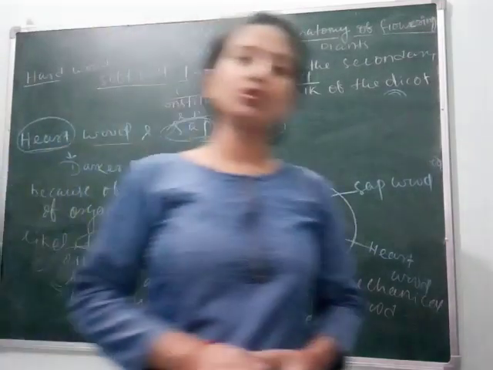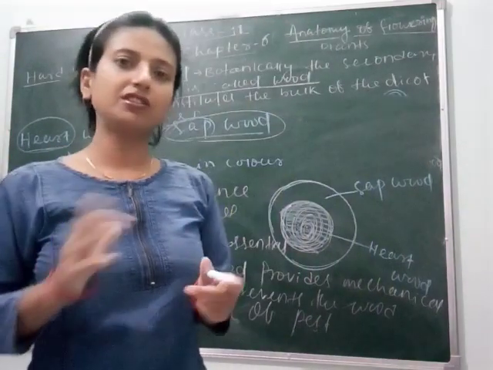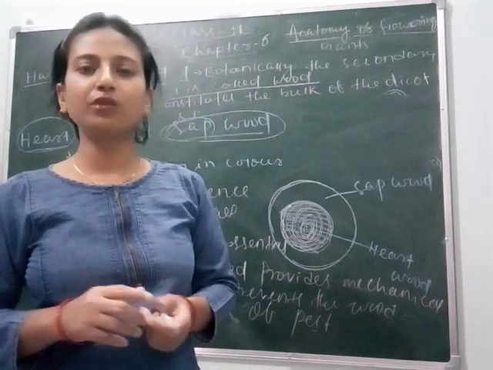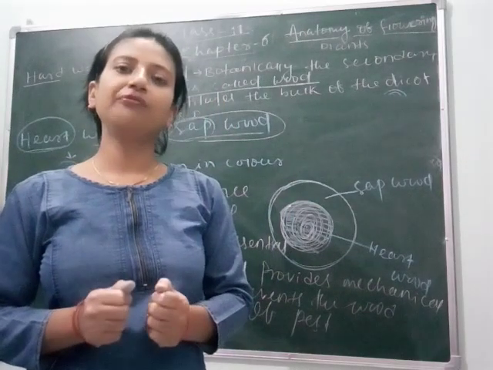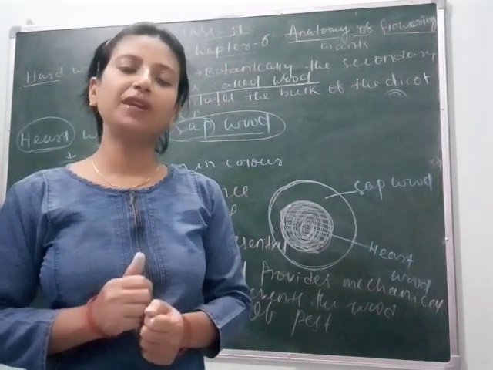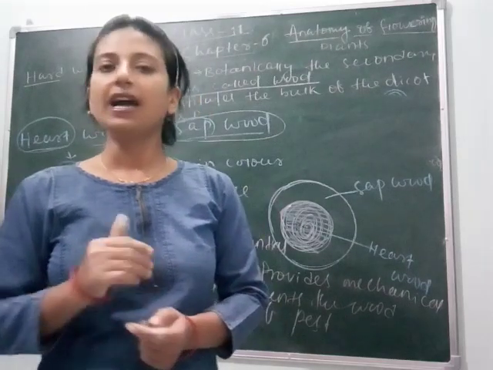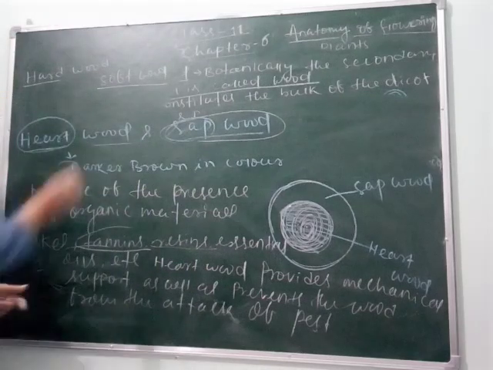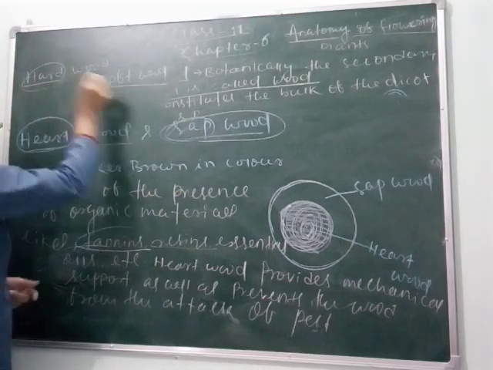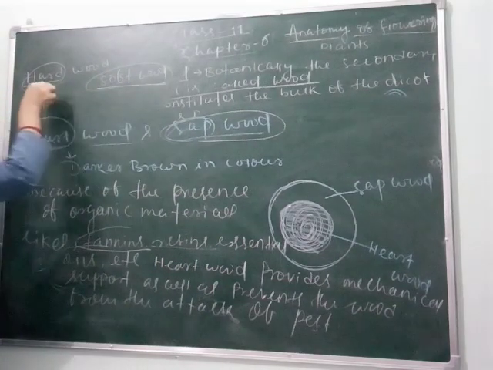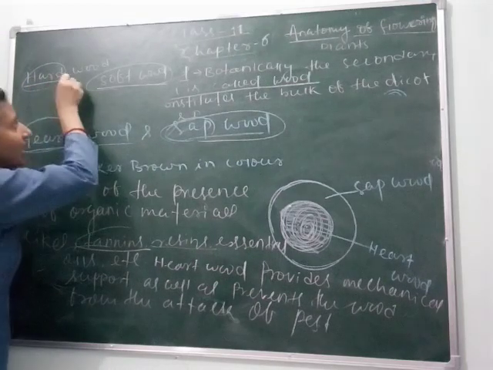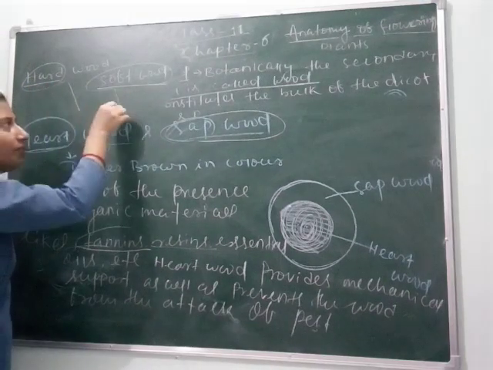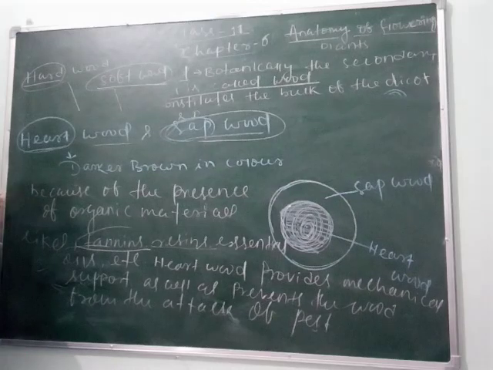During primary growth of the plant, in dicot stem or root, we can easily break a wood because no secondary activities occur. After secondary activities, some parts get hardened and some parts remain soft. The hardened parts of a tree are known as hardwood, and the soft part of a tree or wood is called softwood.